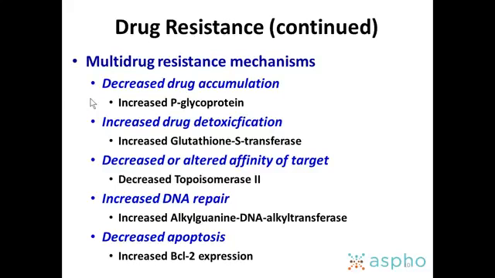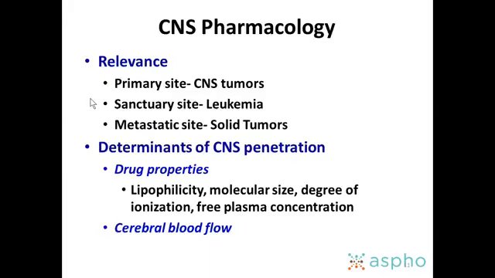You could also have upregulation of certain enzymes which repair cells rapidly, allowing them to be resistant. The classic example of that is MGMT expression and temozolomide resistance. And then increased expression of anti-apoptotic proteins like BCL2 can also contribute to drug resistance.